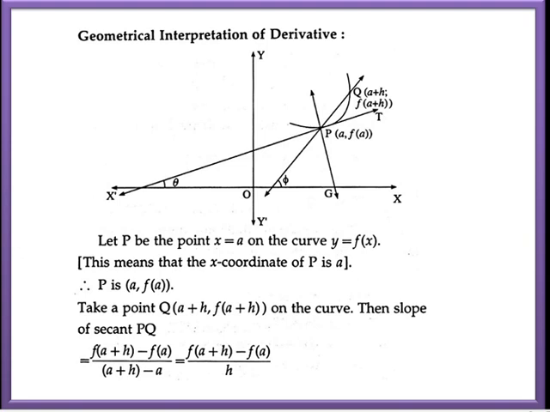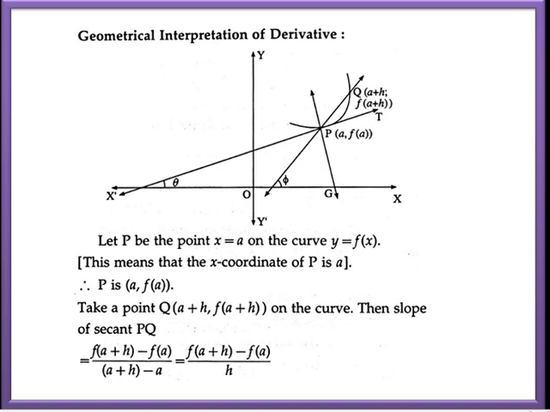I repeat this statement. Geometrically, f dash of a, that is the derivative of y equal to f of x at x equal to a, represents the slope of the tangent to the curve at the point x equal to a on the curve. Now I will explain the proof. See the diagram.